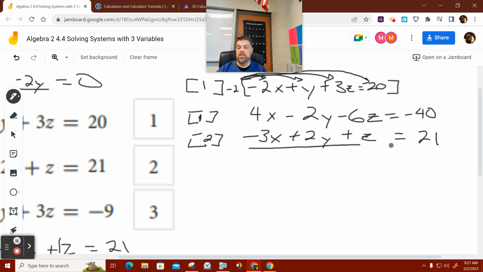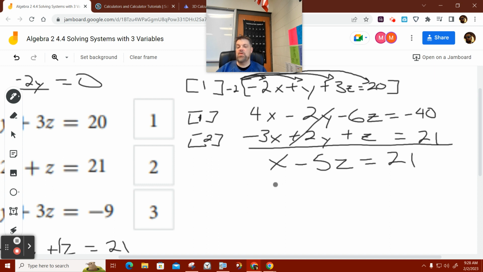Okay? Does that make sense? So now when I add them, what's 4x minus 3x? Just 1x. What about negative 2y plus 2y? 0. What about negative 6z plus z? Negative 5z equals 21.